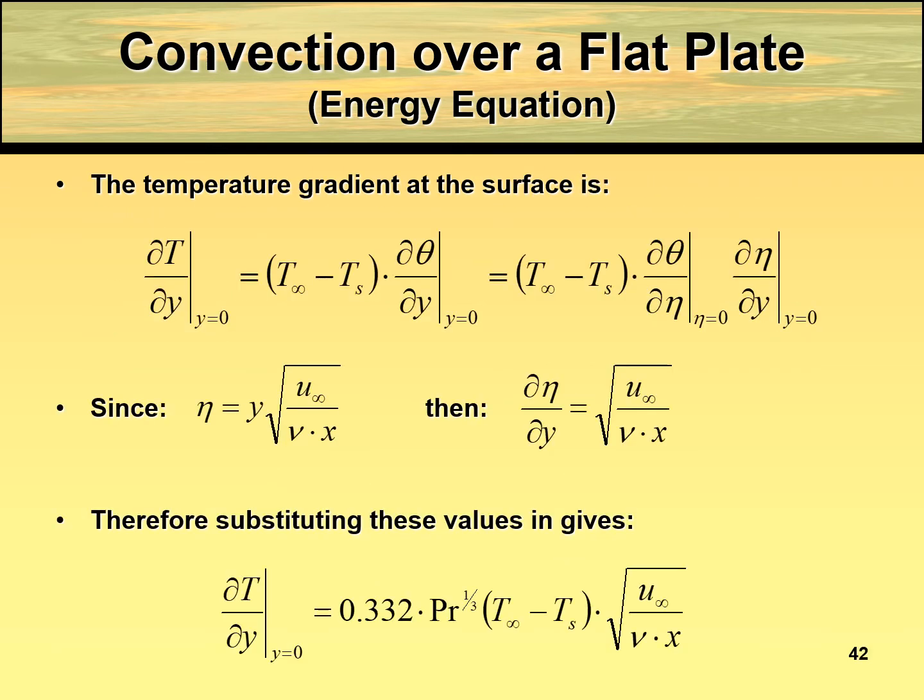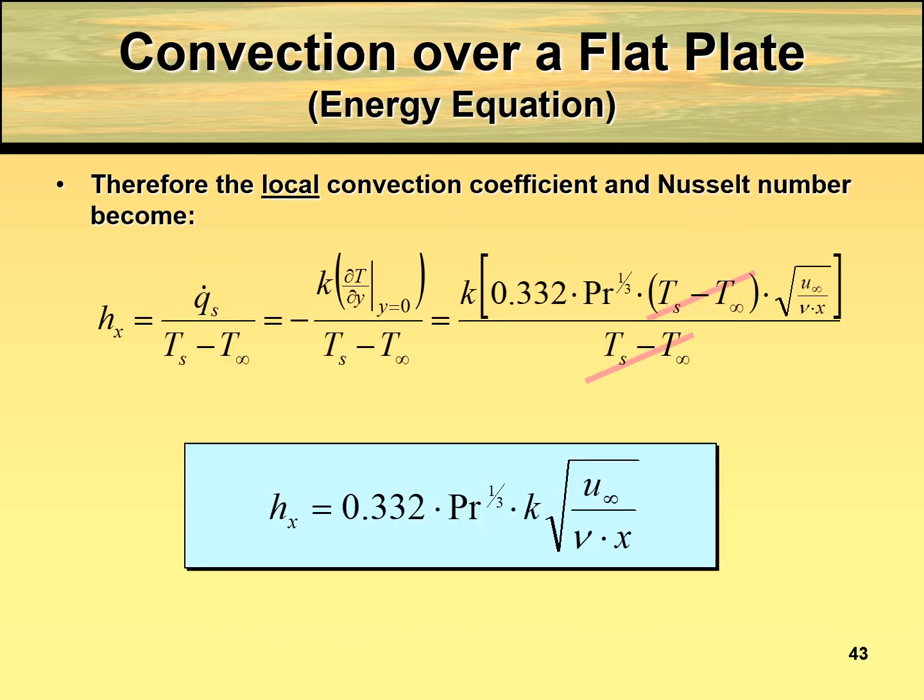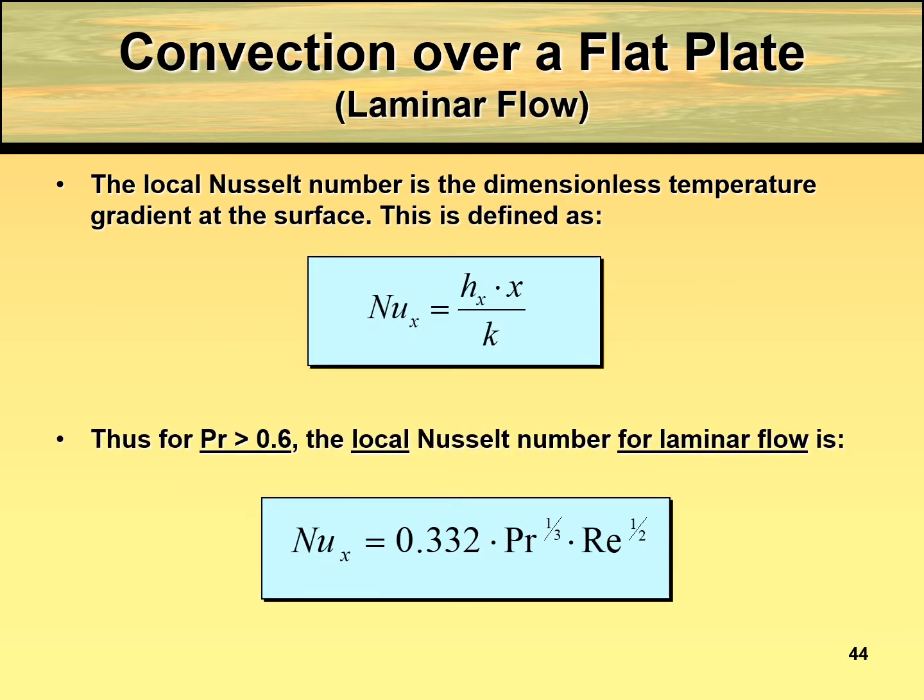With that, we have solutions for the local convection coefficient and the Nusselt number, where the convection coefficient h is 0.332 times the Prandtl number to the power of 1/3 times k times the square root of U infinity divided by v times x.